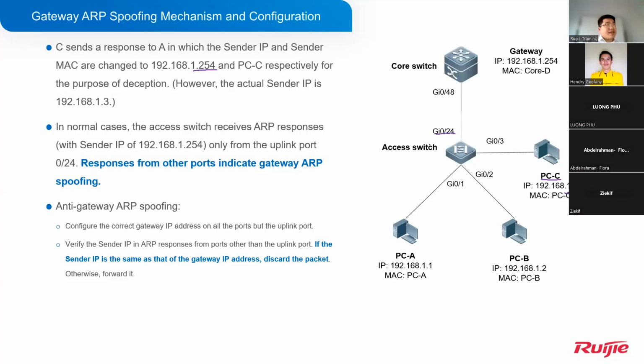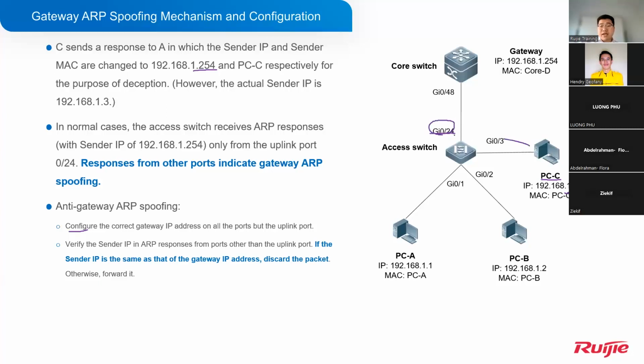To protect the device from gateway ARP spoofing, what we should do is to first configure the correct gateway IP address on all the ports but the uplink ports. Verify the sender IP in ARP responses from the ports other than the uplink ports. If the sender IP is the same as the gateway, discard the packet, because the gateway is connected to GE0/24.